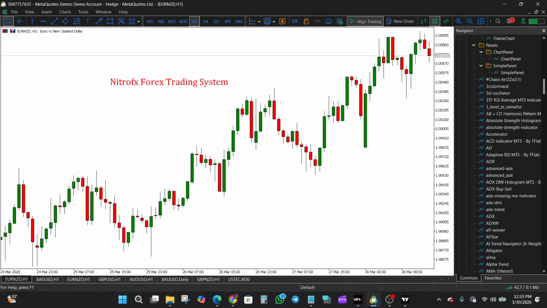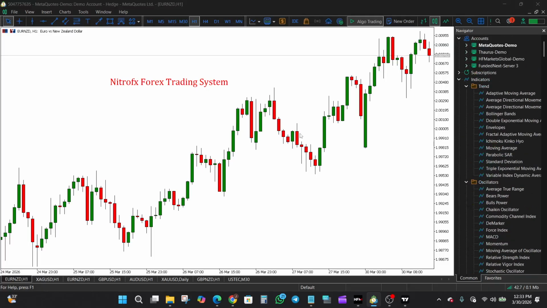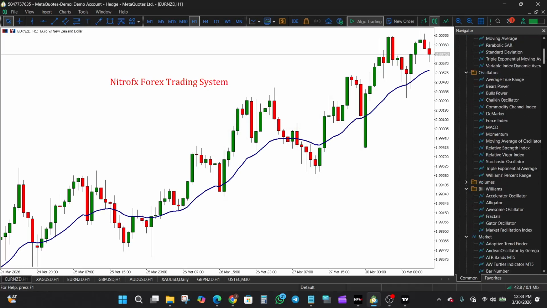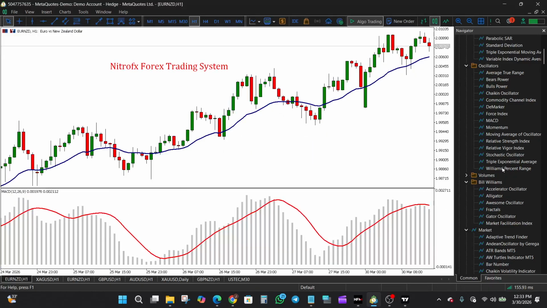So for example, let's just do a little combination. Just gonna add this, for example. But basically the idea is to create alignment between different indicators before considering a trade.